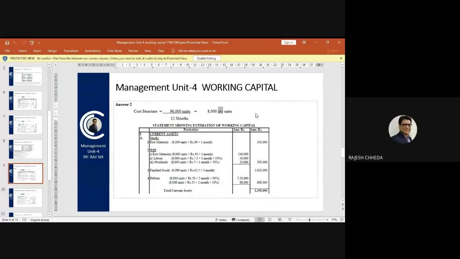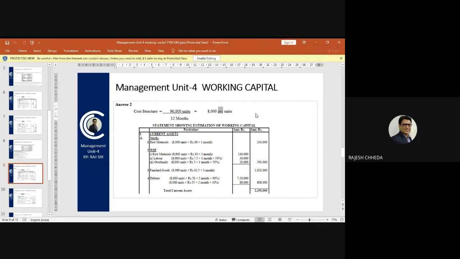Very good. Now this is something new. Debtors, we learned that out of the total debtors, 10% are sold at 10% more than the selling price. That is the adjustment. So 90% is normal. My normal calculation is 8,000 into 50, which is the normal selling price, into 2 months into 90%.